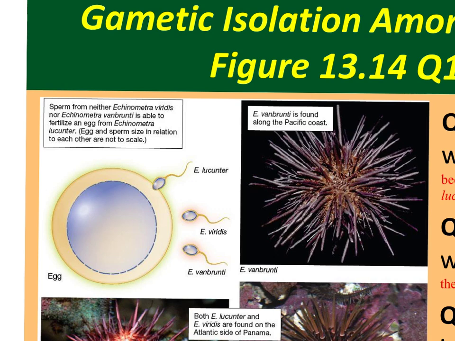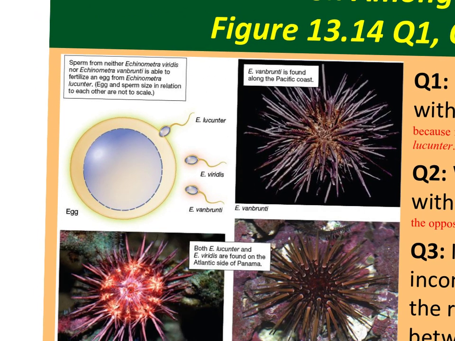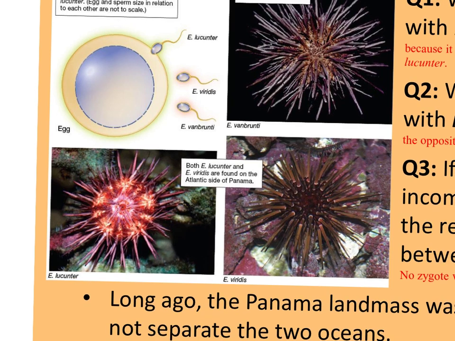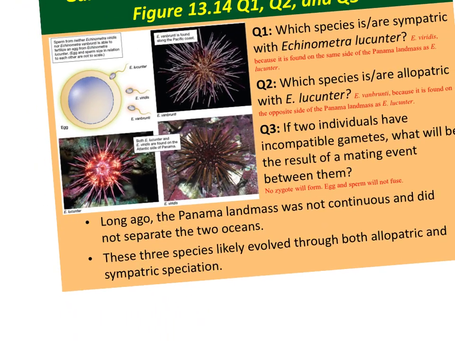E. vanbrunti is found on the Pacific coast. Both E. lucunter and viridis are found on the Atlantic side. Okay. So long ago, the Panama landmass was not continuous and did not separate the two oceans. The species likely evolved through both allopatric and sympatric speciation.